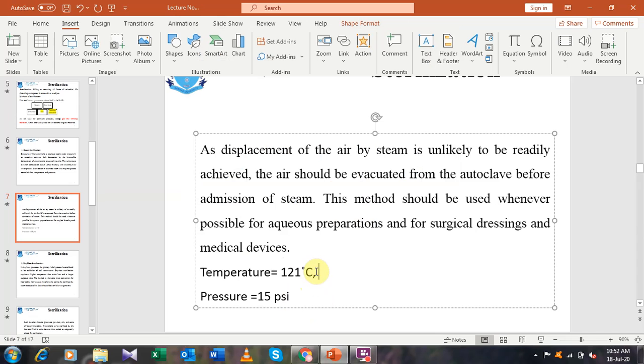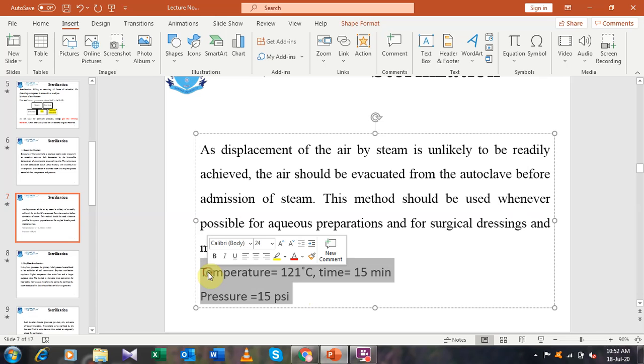The time specified for that is 15 minutes. Is it clear now? I think so. These are the conditions for autoclaving: the temperature is 121 degrees centigrade, the time is 15 minutes, and the pressure is 15 psi.